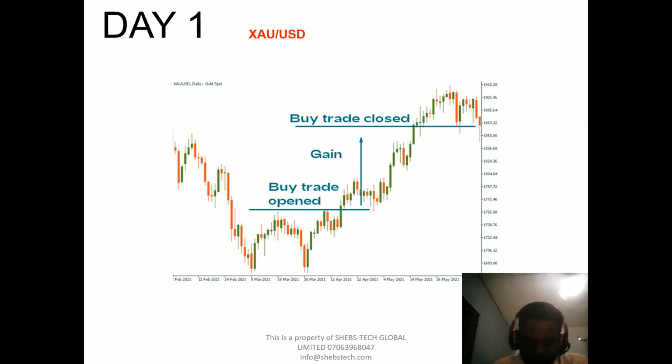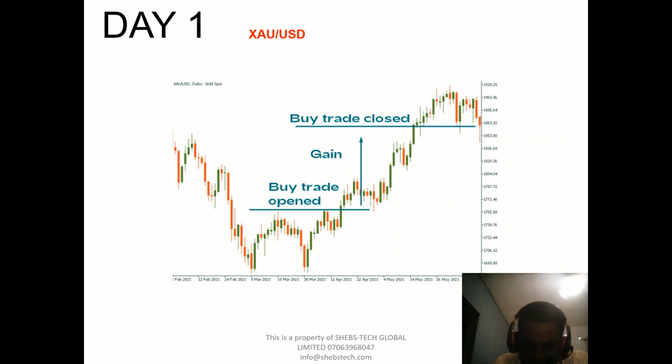This is gold spot versus US dollar. If you want to trade this, this is a candlestick chart. You have a downtrend and an uptrend.